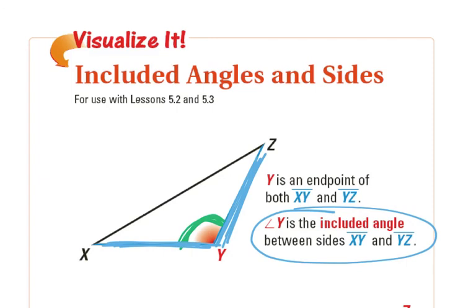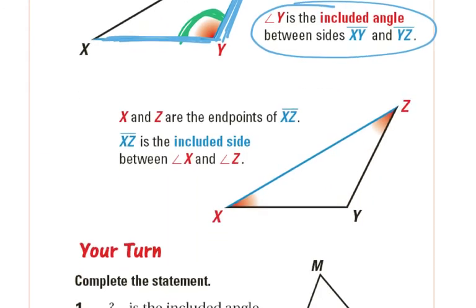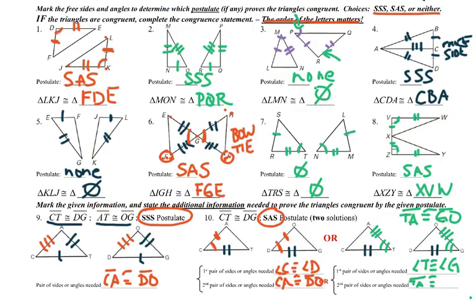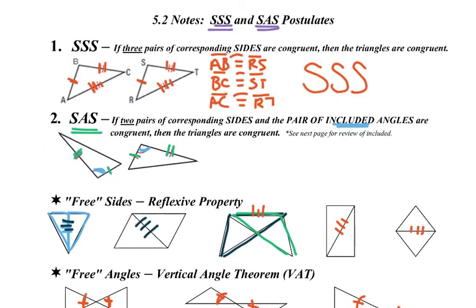So it's just like something to look at. And then the idea of included side, this is saying that side XZ is included between these 2 angles. So sides are included between angles. Angles are included between sides. So there we go. Side, side, side, side angle, side.